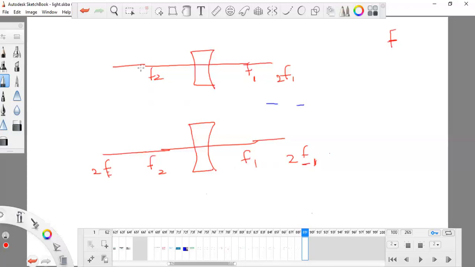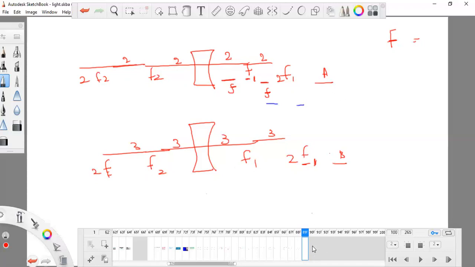This has a 2 centimeter focal length, which we denote by small f, and this is the principal focus. Now this one has 3 centimeter. So this is A and this is B. Lens B has more focal length and lens A has less focal length. That is the comparison of focal lengths.